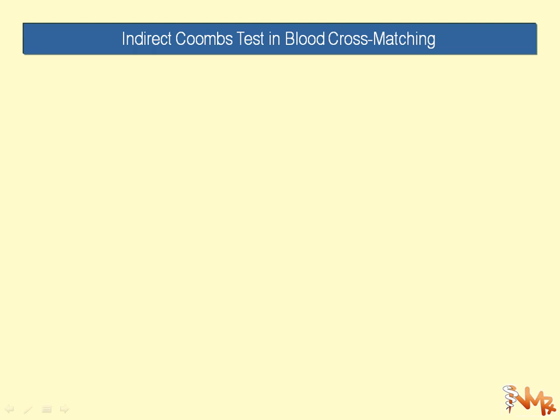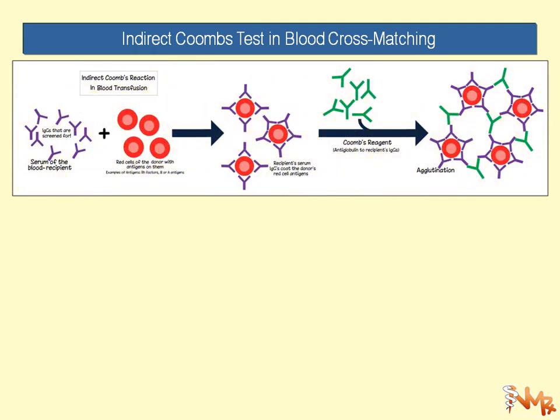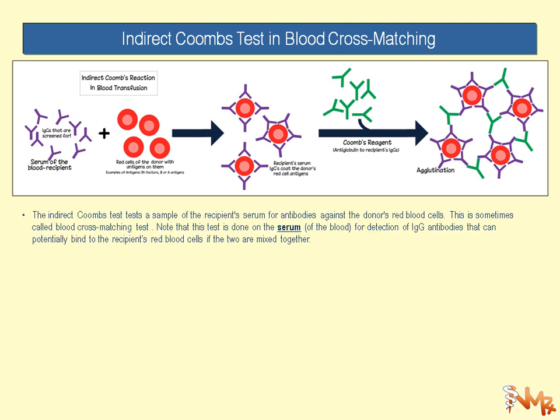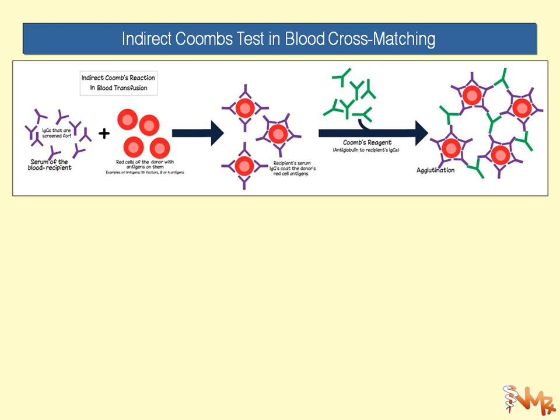I'm going to be referring to the above diagram, and I'm looking at the indirect Coombs in this case, and this is the one that is of particular interest in blood transfusion, as you're going to see.